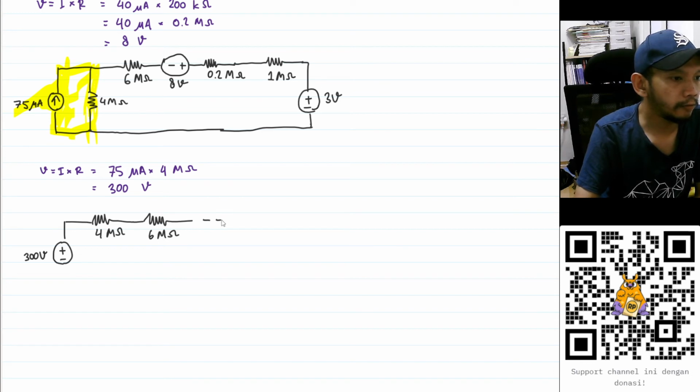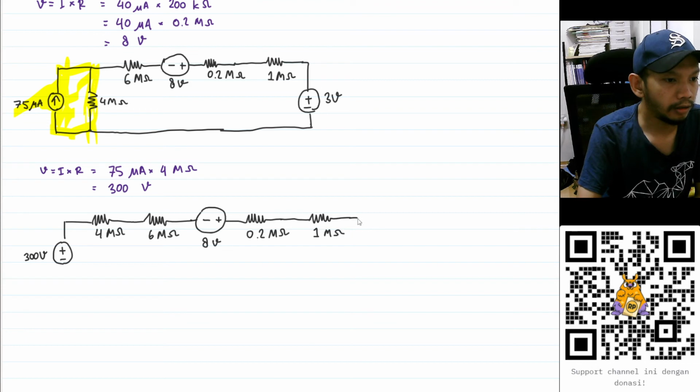And then 8 volt, then 0.2 mega ohm, and then 1 mega ohm, and then that will be 3 volt.